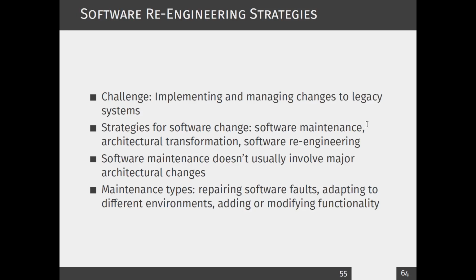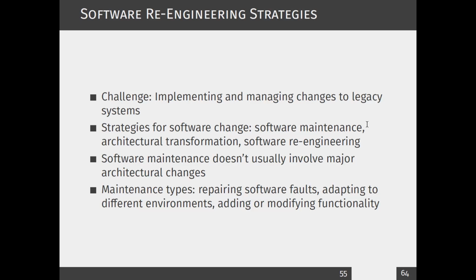So the next thing that we are going to look at is the software reengineering strategy, right? One of the challenges in software engineering is how you implement or manage changes to legacy systems. Now, when you look at different ways of changing software, we can talk about software maintenance, architecture transformation, and software reengineering.